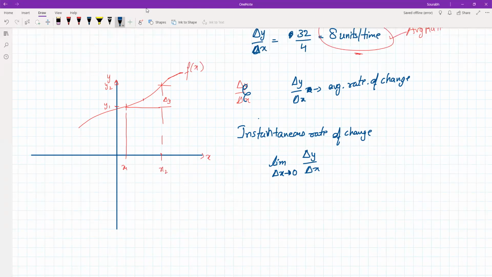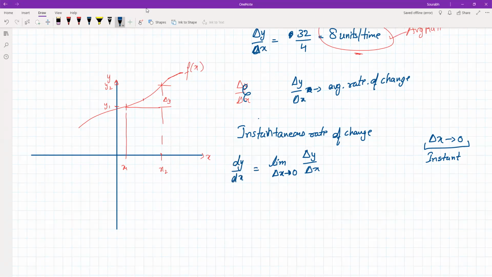This is a technique in mathematics of finding limits of a function, when something changes or approaches a given value. For example, here delta x is approaching 0. So this means we are talking about an instant, not a range. It is an instant where delta x is almost 0. Such things are represented by dy by dx.